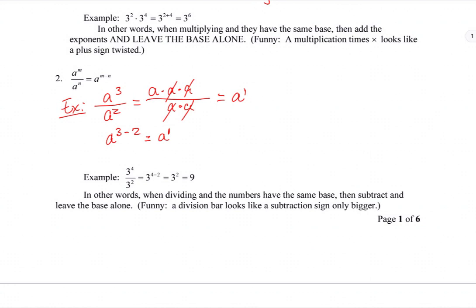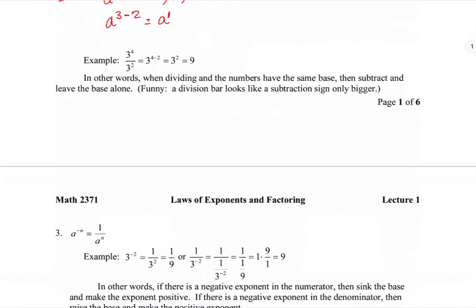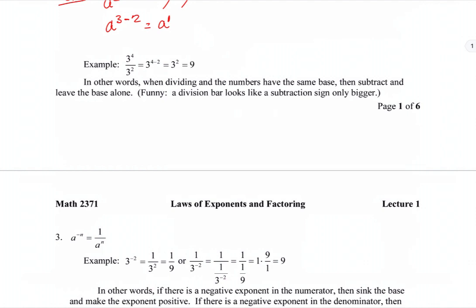Now, another way to think about this is to use the next definition. The next definition says that if I have a to the negative exponent, then that's 1 over a.